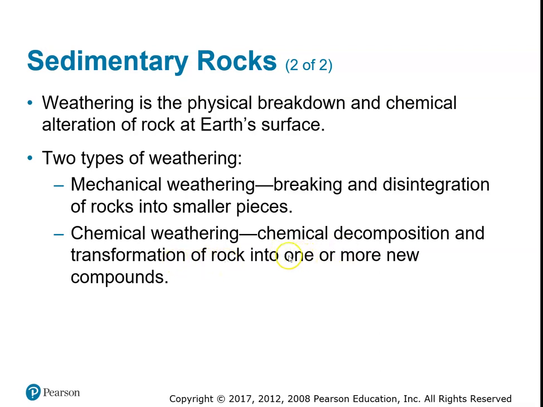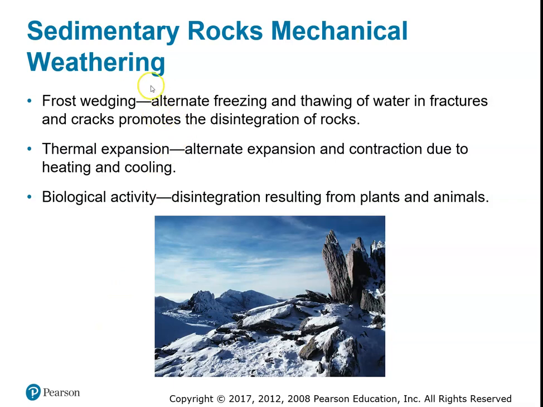And so you're breaking those down, and you can turn the rock into one or more new compounds. All right, let's look at the next slide. All right, so this is the mechanical thing I mentioned. I don't have enough time to finish, but this is like the thermal expansion that I just mentioned, the heating and cooling. Every day, especially in the South, you can have this huge variation in temperatures.